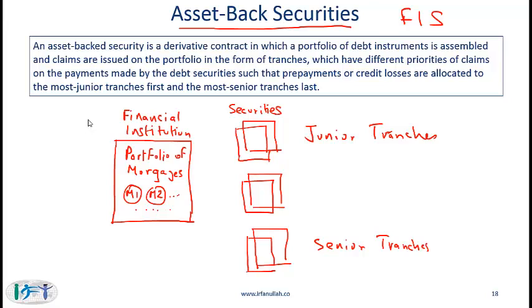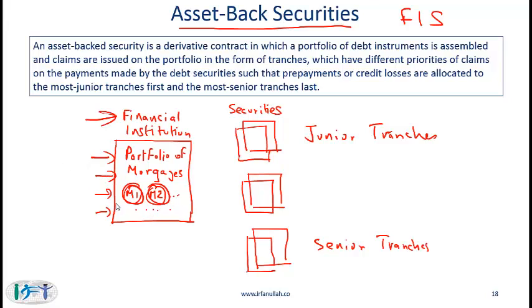Let's say we have a particular financial institution which creates a portfolio of mortgages. These mortgages are assets for the financial institution because this particular institution now gets payments associated with these mortgages.